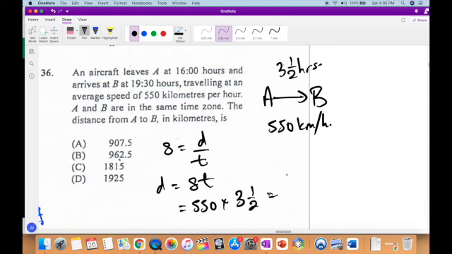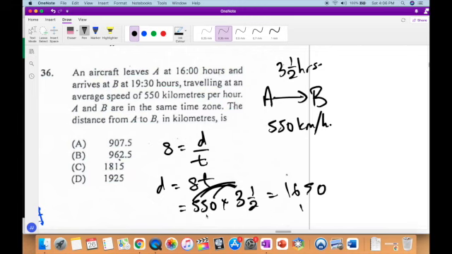And 550 times 3, let's do 550 times 3. 0 times 3 is 0. I could go 5 3s are 15 and the other 5 3s are 15, and 1 is 16, so that's 1650, right?